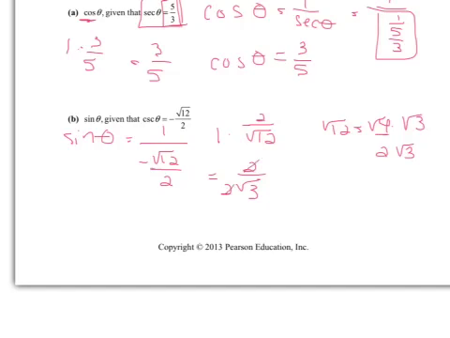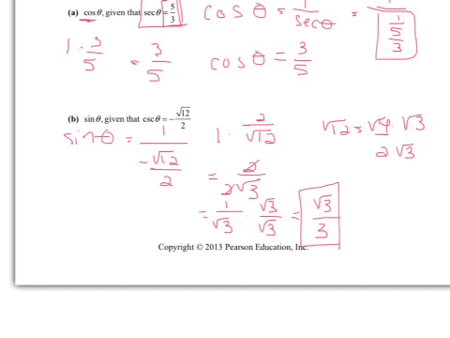We can actually cancel these out, so that would give me 1 over the square root of 3. We have to rationalize our denominator, so we're going to multiply that times the square root of 3 over the square root of 3. So our numerator is the square root of 3. Our denominator, when you take a square root times a square root, it gets rid of your square root, so your answer here would just be the square root of 3 over 3.